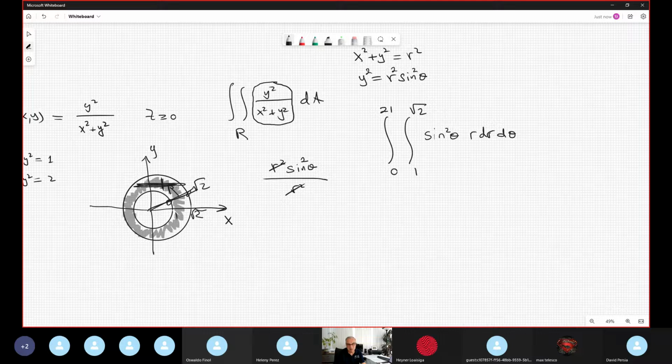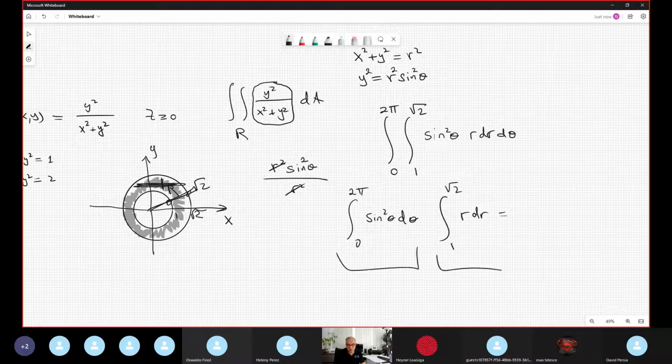Super easy. And this is a separable variable integral, Cal 1, Cal 2. The answer is pi over 3. Cool? Any question?